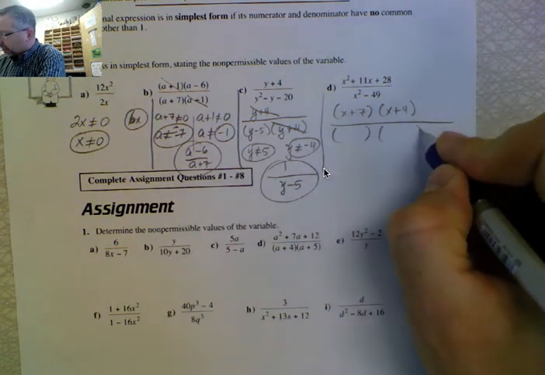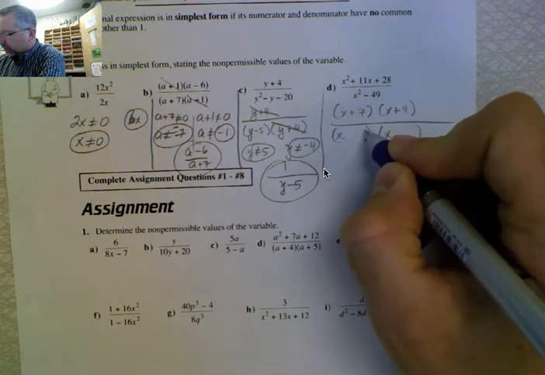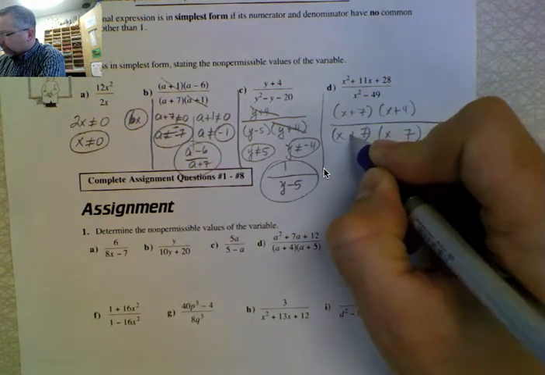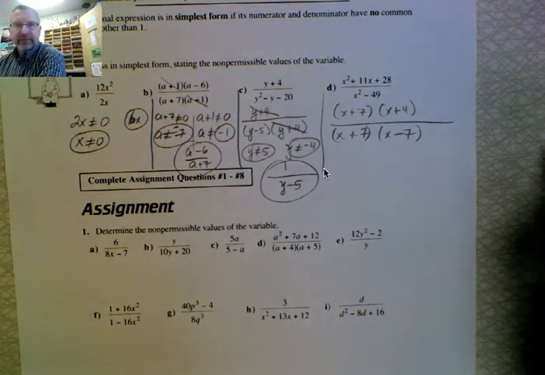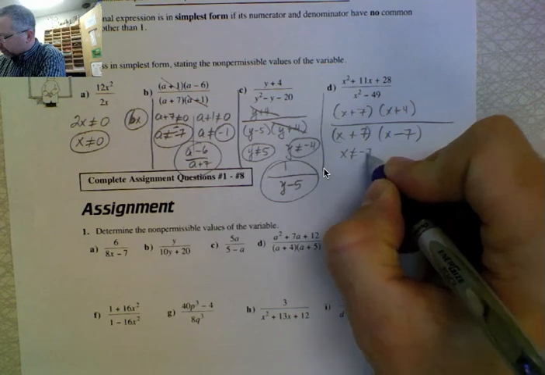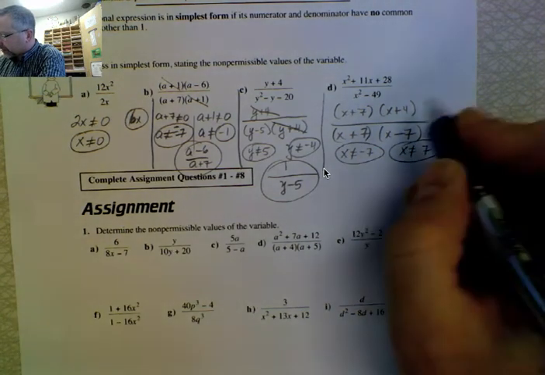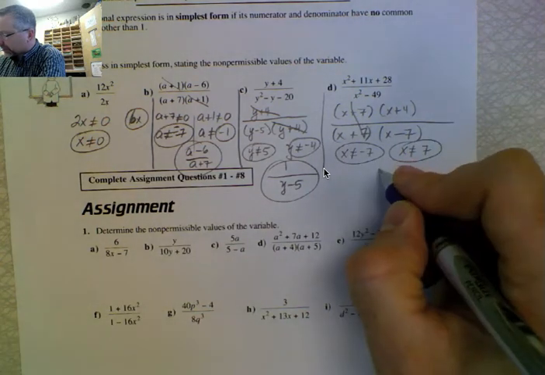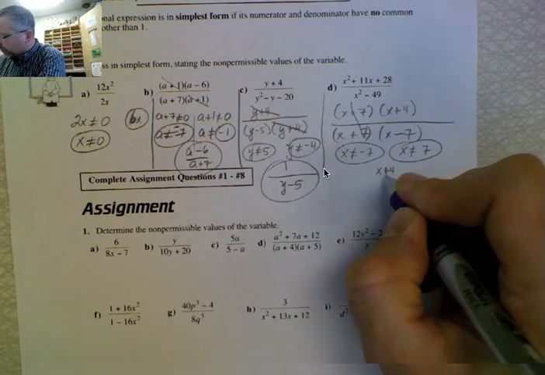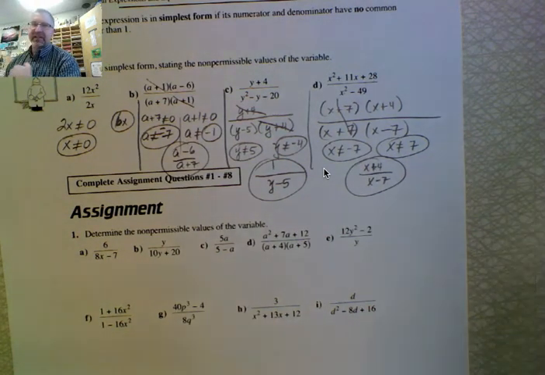When you factor a difference of squares, the square root of x squared is x, the square root of 49 is 7, one is positive, and one is negative. So now I can determine my restrictions. X cannot equal negative 7, and x cannot equal positive 7, and I can cancel out my x plus 7's, leaving me with a simplified form of x plus 4 over x minus 7.